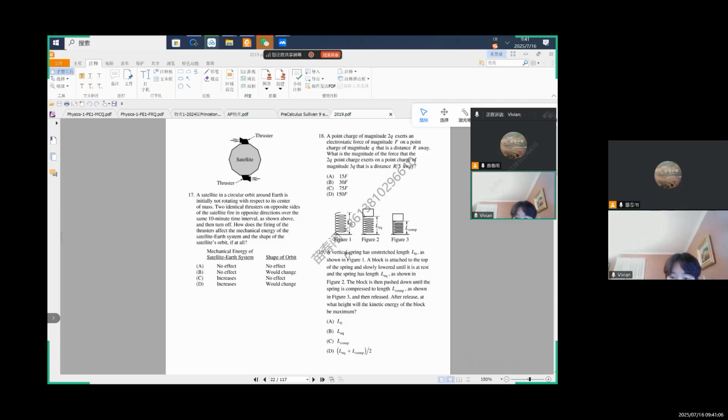Wait, is it attached? Oh, it's attached. So then it would be L equilibrium, right? Because that's the equilibrium point, and then the spring releases and it just goes to that point, and then the block would be moving the most.